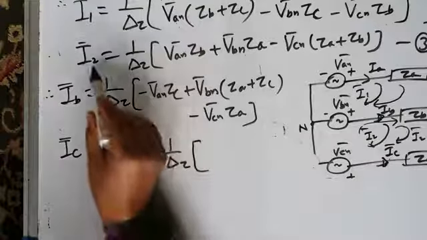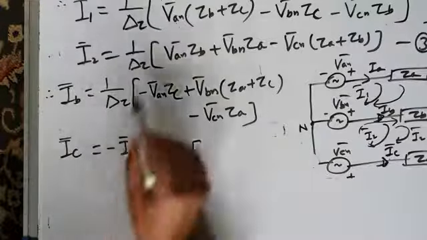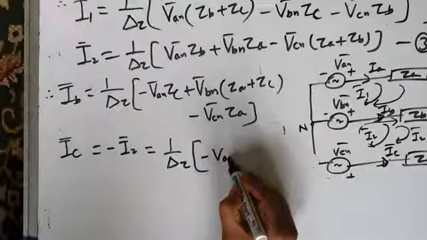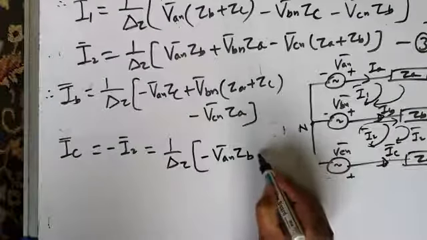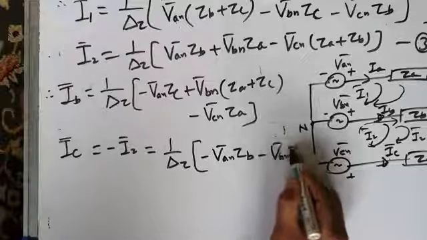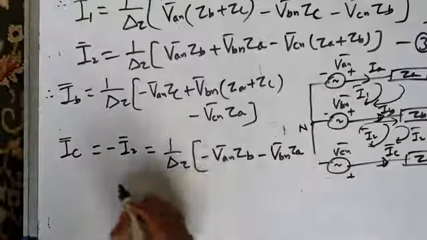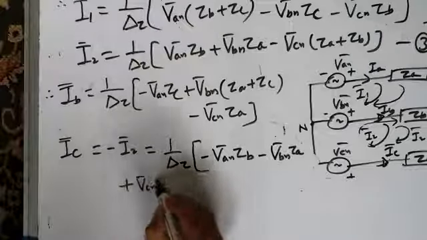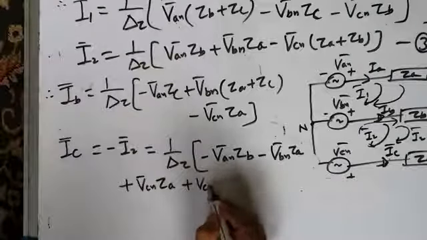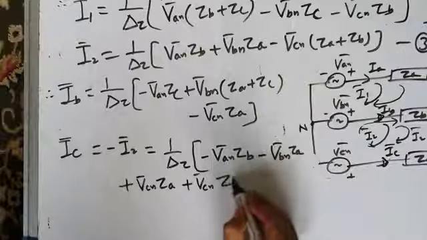जब हम माइनस लिखते हैं, ये माइनस अंदर जाएगा. It's minus I2. So it will be minus VAN ZB minus VBN ZA. Okay, then this minus plus हो जाएगा, plus VCN ZA plus VCN into ZB.